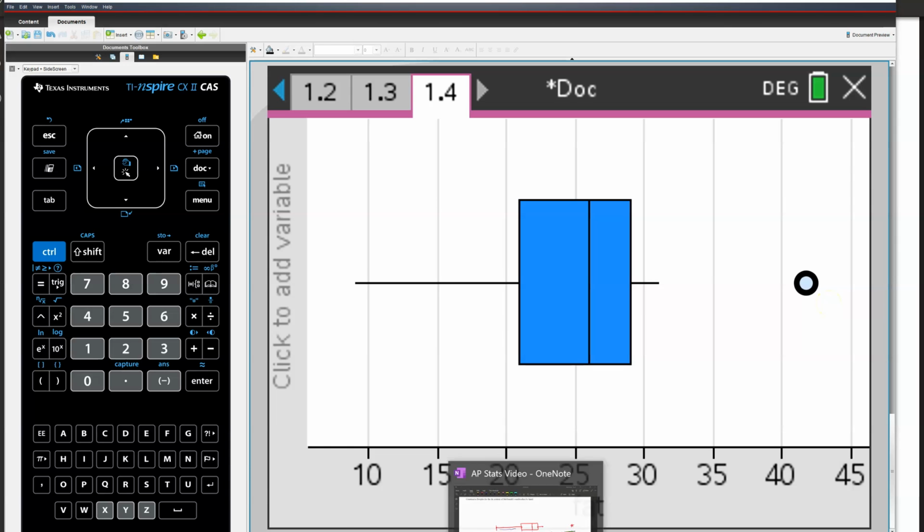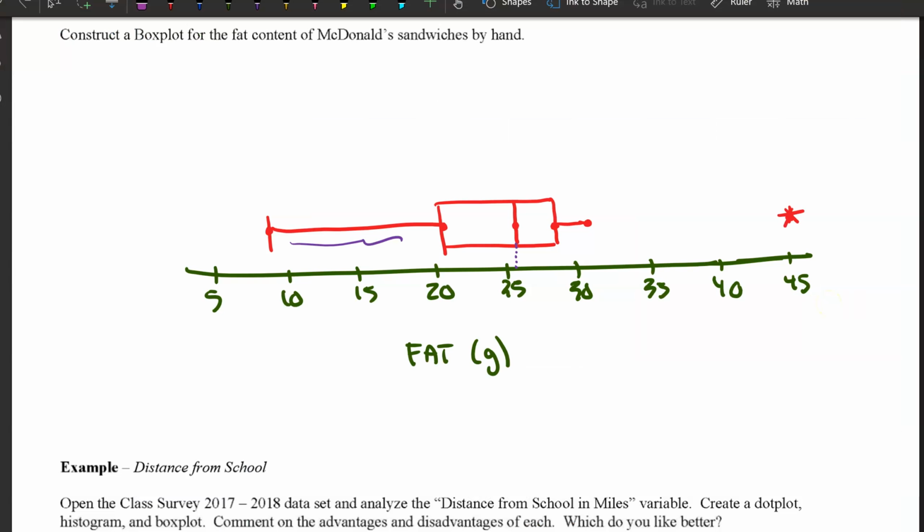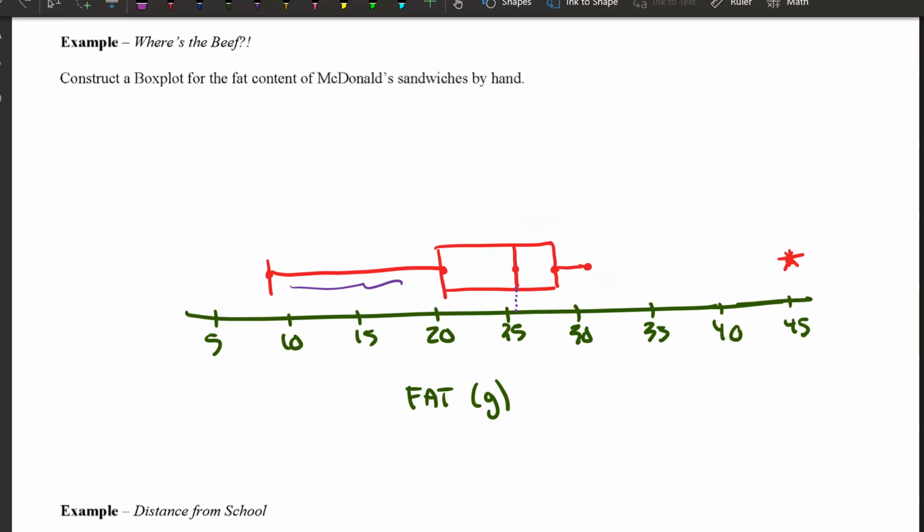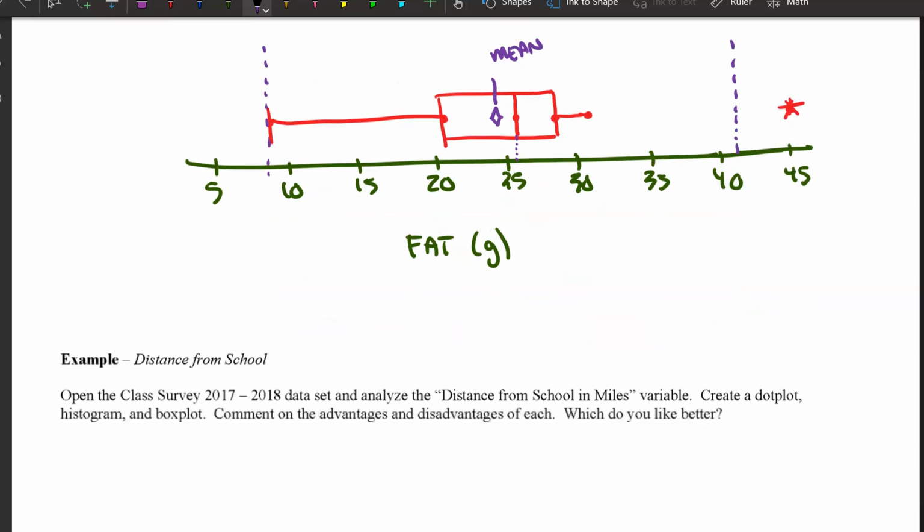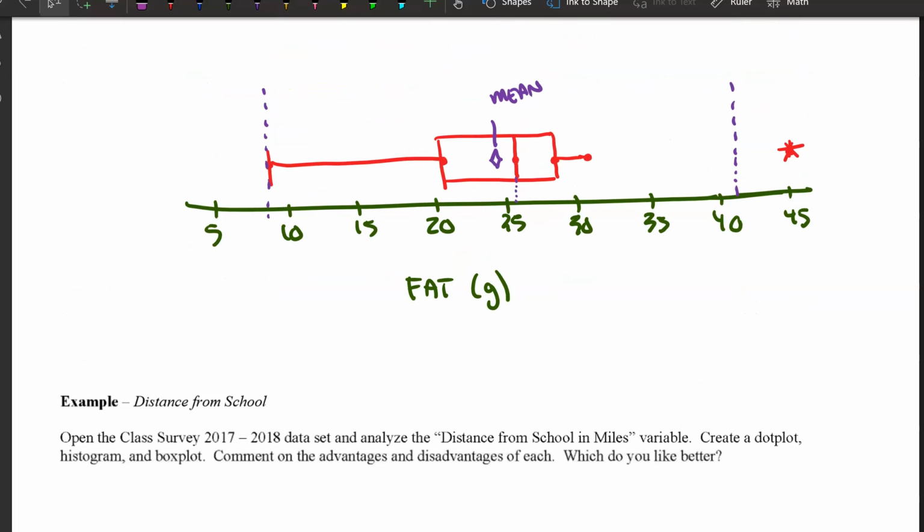So the calculator uses the same rule for that upper fence. In fact, some people on these graphs will put fences at 9 and 41. Kind of adds extra information to the graph. You can see where the outlier fences are. And sometimes they'll even put a little diamond or something to represent the mean of the distribution. These are options, but any graph that has more information, the better sometimes, right?